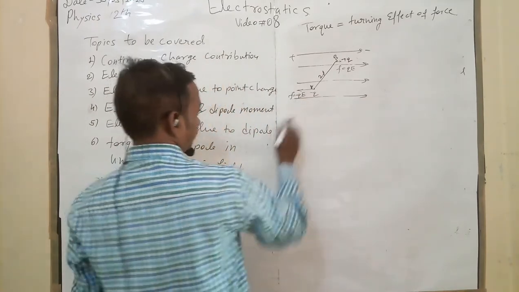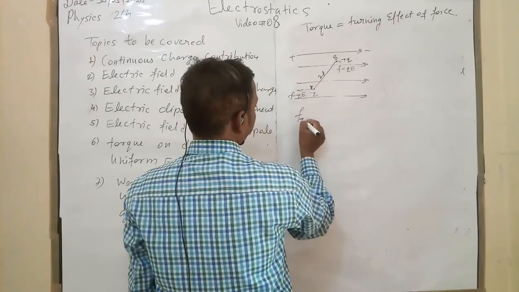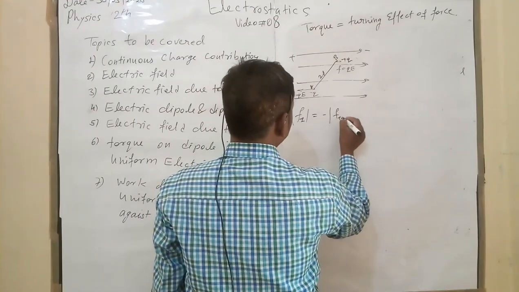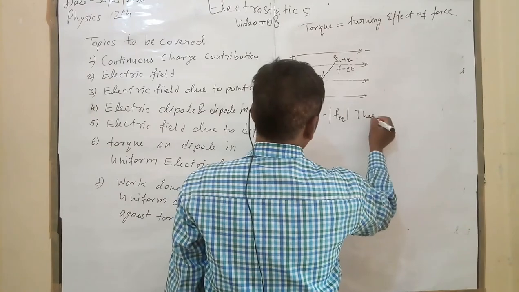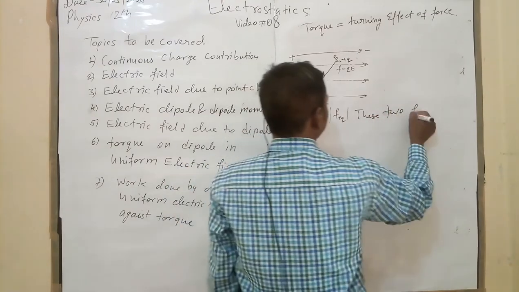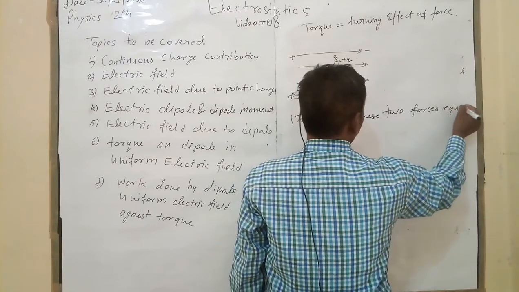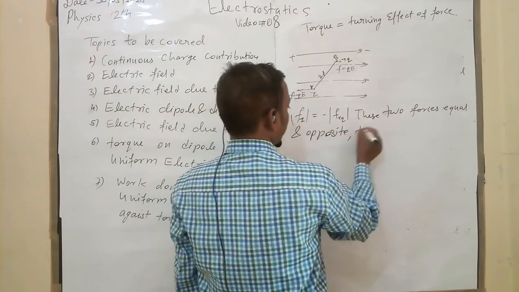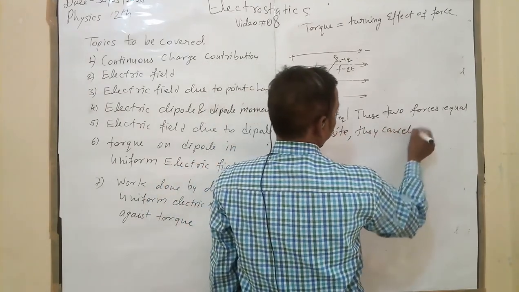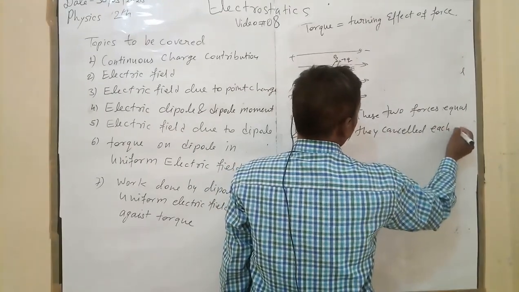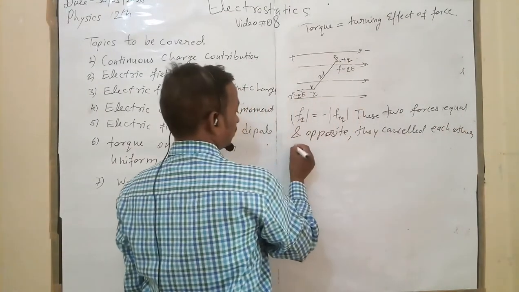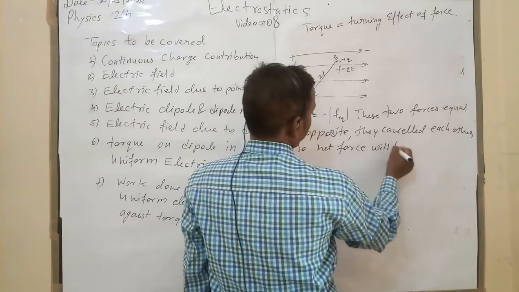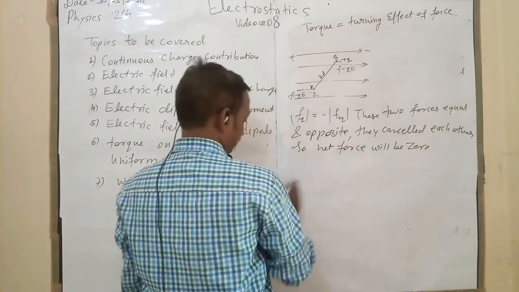These two forces, F due to minus q and F due to plus q, are equal and opposite. They cancel each other. So net force will be 0.